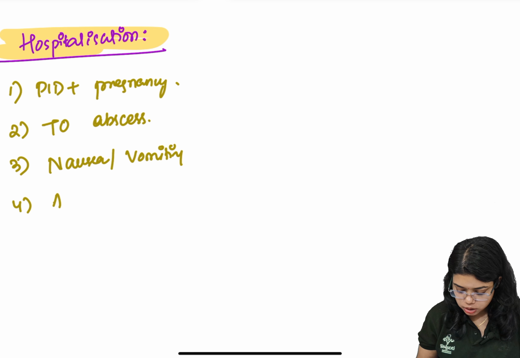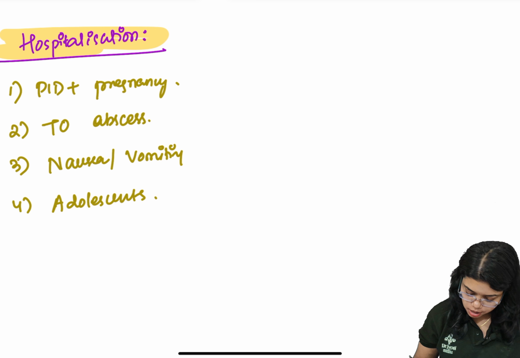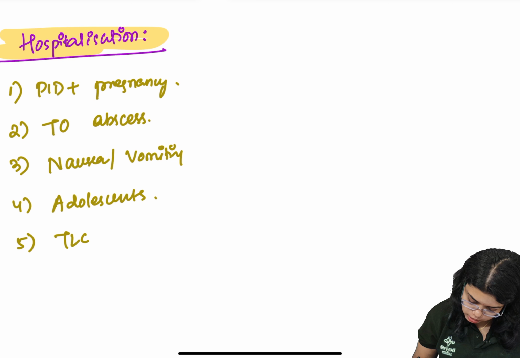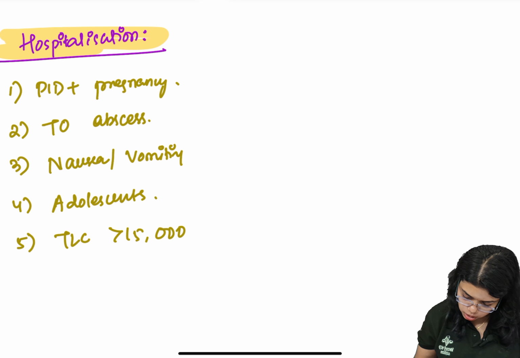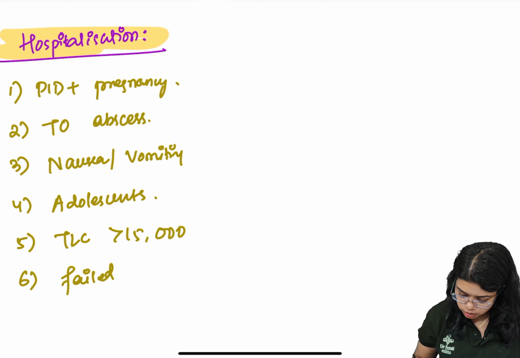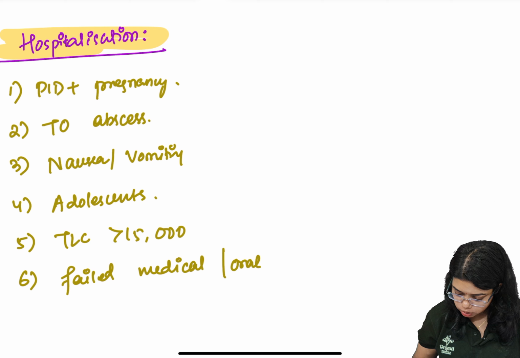And in adolescent PID, and also if TLC is more than 15,000, and if oral medical treatment has failed.